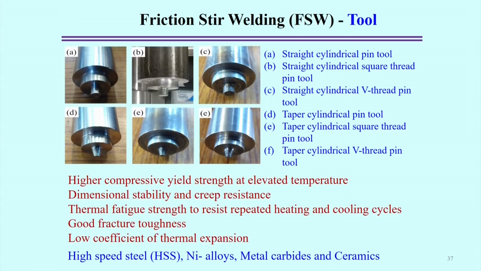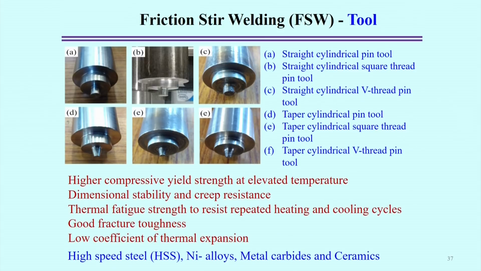If you look into figure B, here you can see the straight cylindrical square threaded tool pin. The pin geometry is cylindrical, but with a square thread. In figure C, it is a straight cylindrical, but V threaded pin tool.